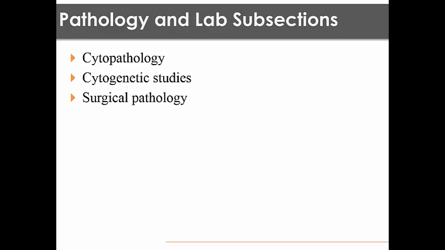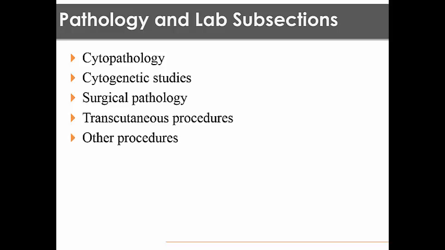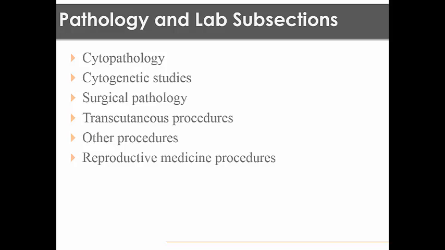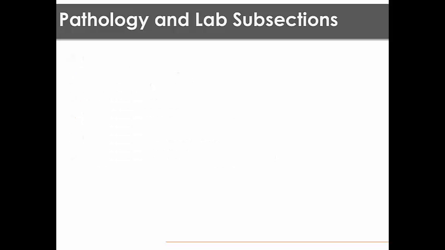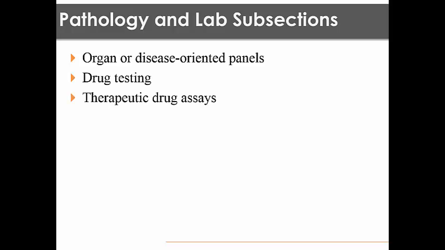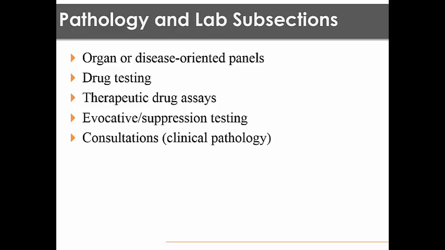More include cytopathology, cytogenetic studies, surgical pathology, transcutaneous procedures, other procedures, reproductive medicine procedures. Okay, they're further broken down by organ and disease-oriented panels, drug testing, therapeutic drug assays, suppression testing, consults, urinalysis.